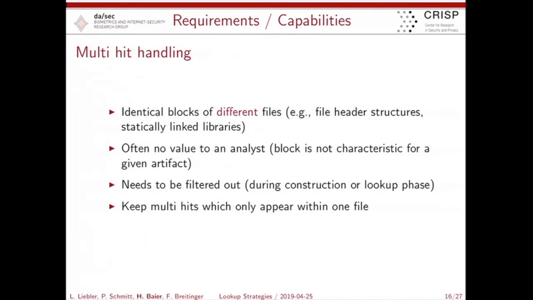Or if you have a popular software library which is statically linked to some executable, then you will find this code in different files, and this is not really discriminative. So what we want to avoid is multi-hit, and this is also supported by the HashDB approach of Garfinkel.